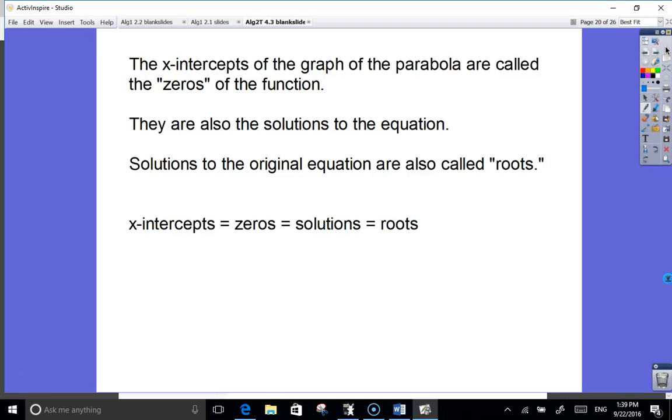It's all pretty much the same thing. So good with that? We're almost done.